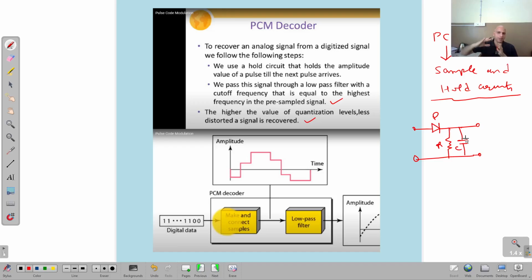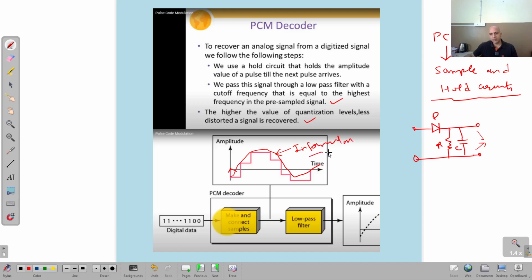So in this way we can estimate that the output will follow the voltage across these two terminals, following the envelope of the message signal. If this was the PCM signal that has arrived at the decoder, then this envelope is the information.